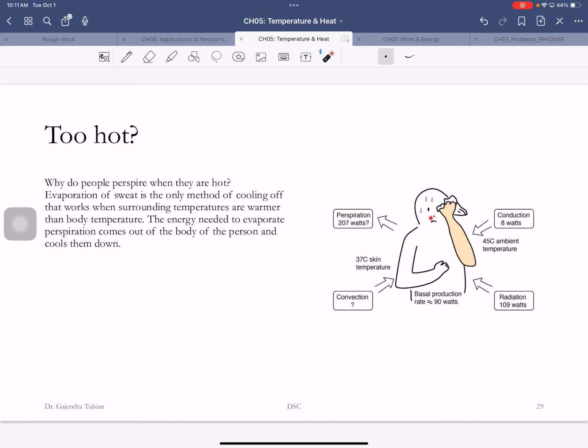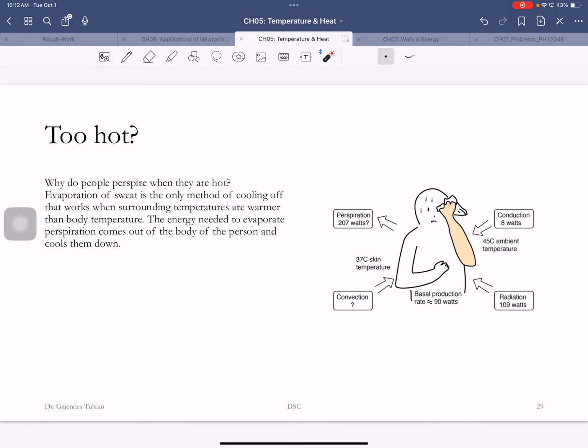Okay. How do you maintain your body temperature? The only way to get rid of heat is by sweating, and for this sweat to evaporate. And that's what will take away your heat. Now, if you're at a hotter temperature and if the humidity is 100%, it's goodbye.